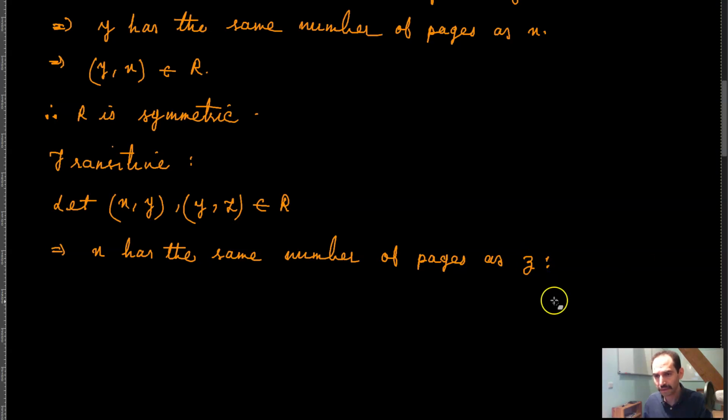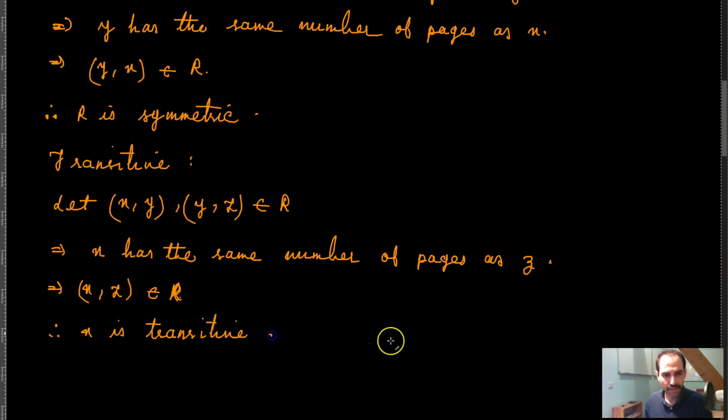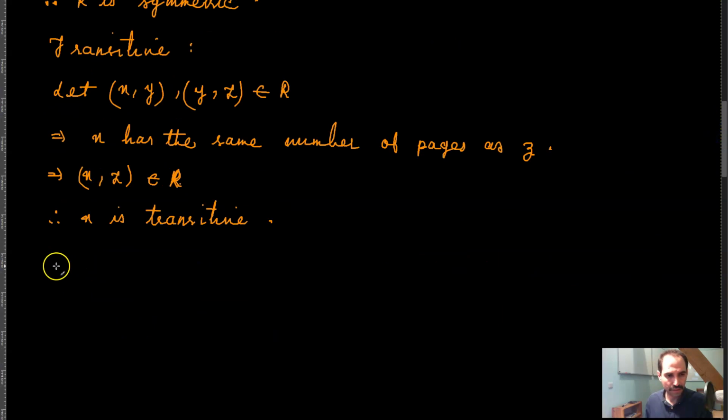Which means that (x, z) does belong to R. Since (x, y), (y, z) and (x, z) belong to R, R is transitive.